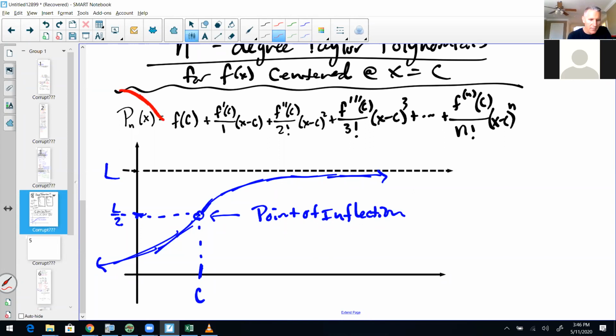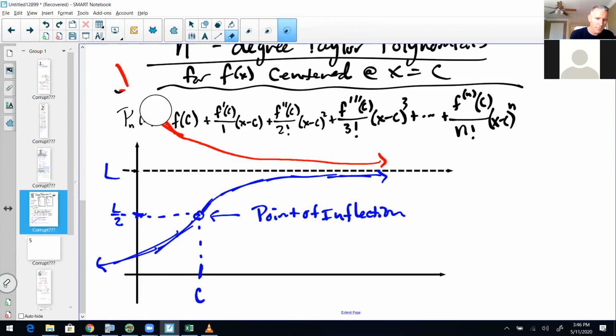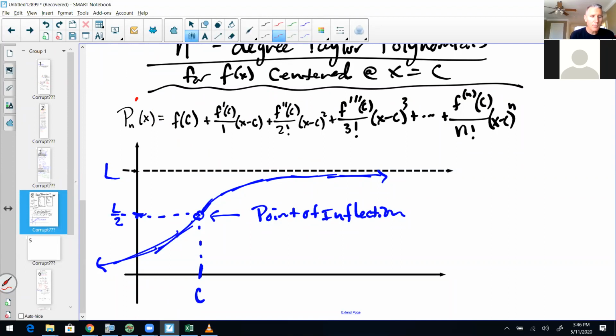So it's actually only going to look like this, to be honest with you. Basically, I think of these as population type problems.